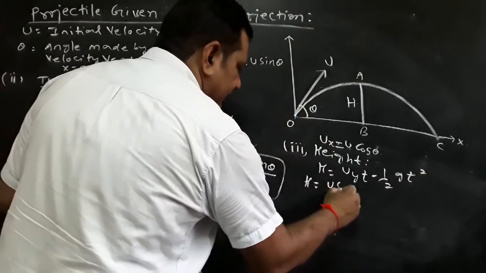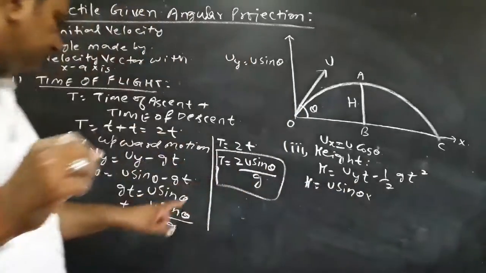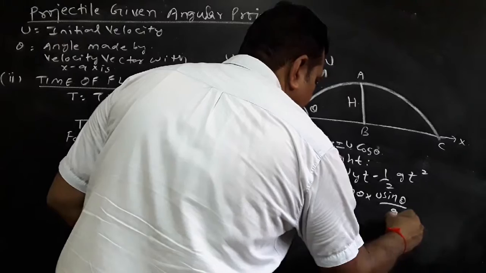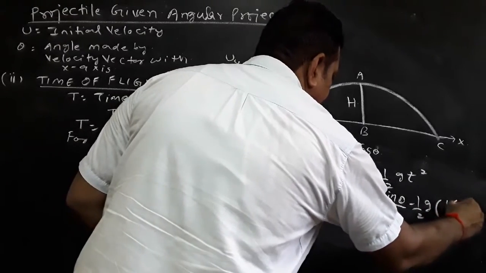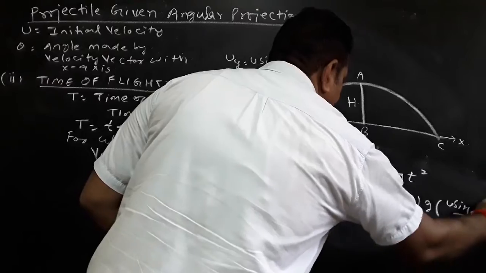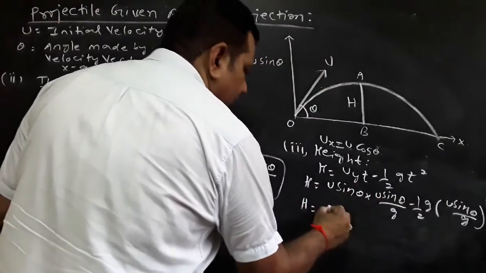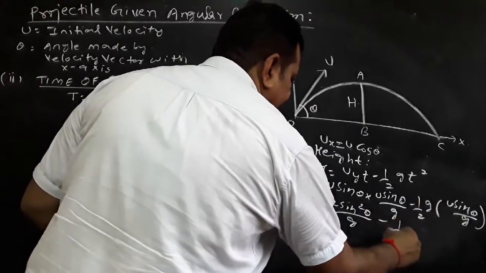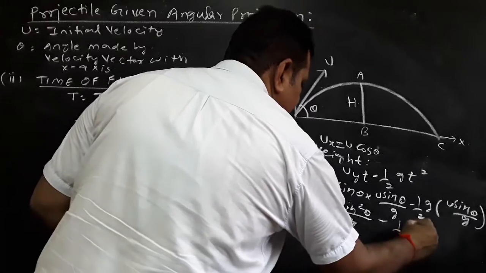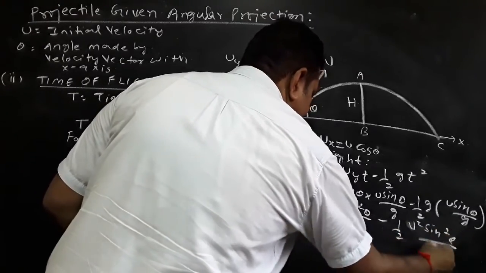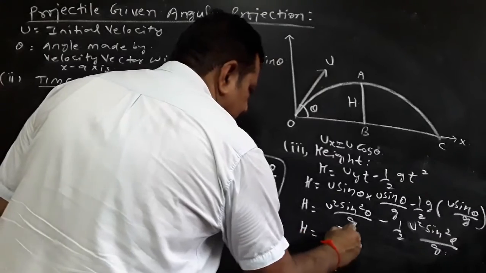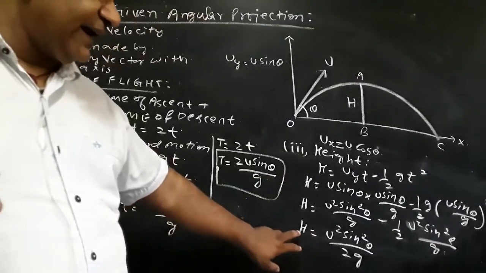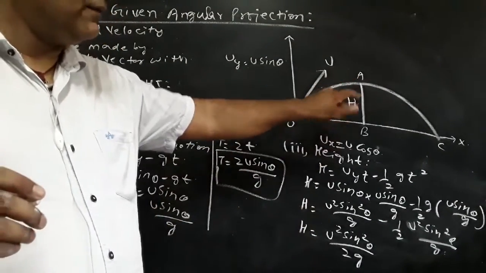Uy is u sin theta, t is u sin theta by g, half into g, u sin theta by g whole square. We can write u square sin square theta by g. Now we get half into u square sin square theta by g. After solving we get height is u square sin square theta upon 2g. This is the maximum height AB.